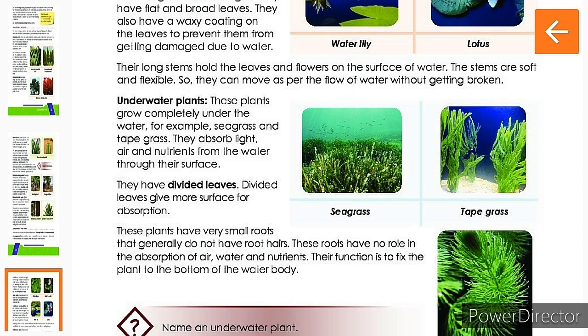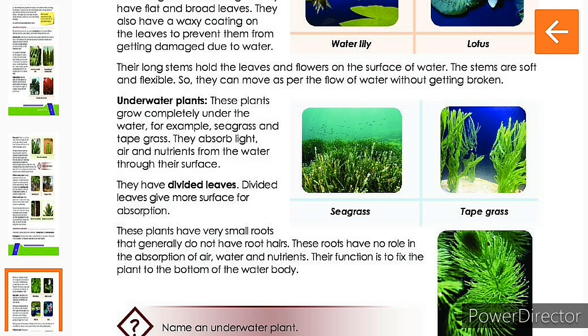They absorb light, air and nutrients from the water through their surface. Whatever area is covered by the water, from there they absorb the light, air and nutrients.